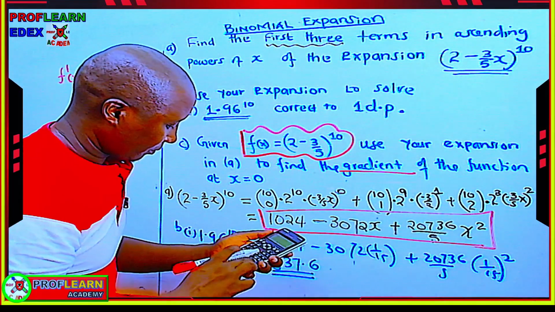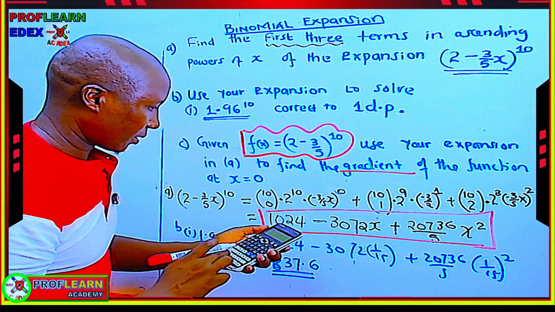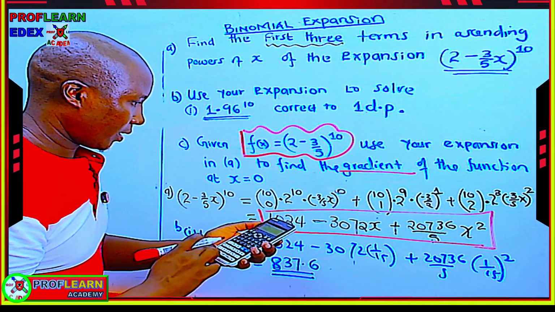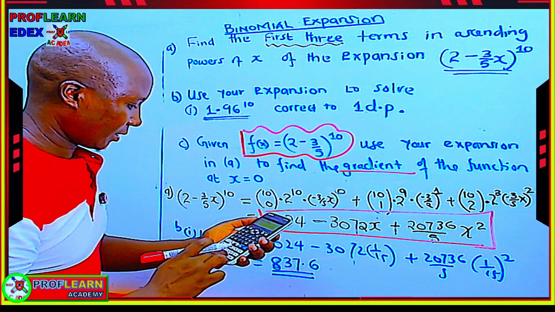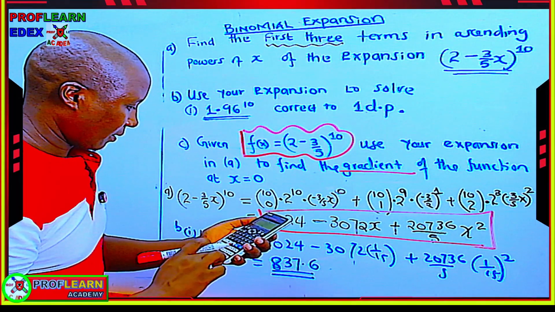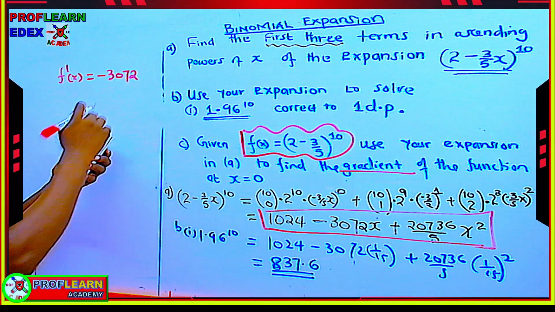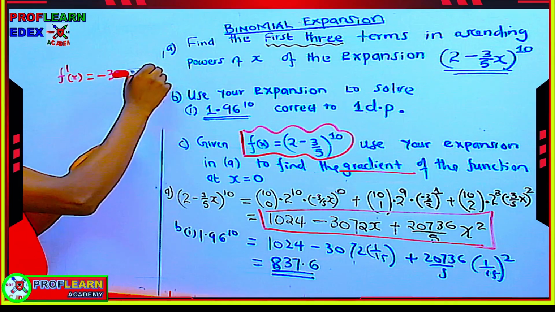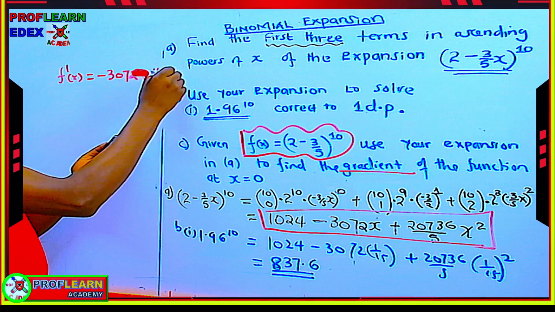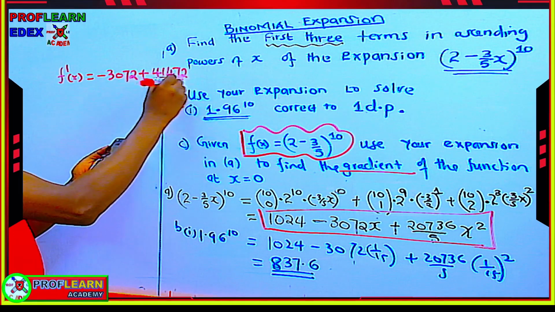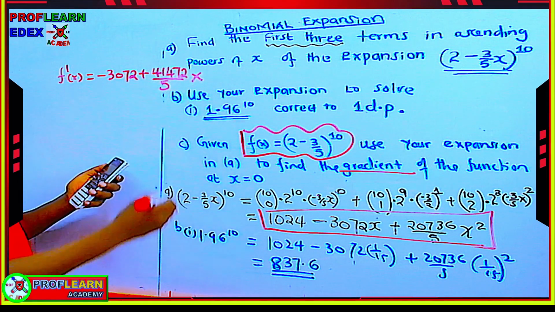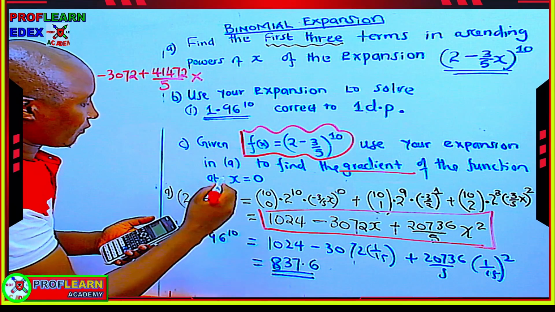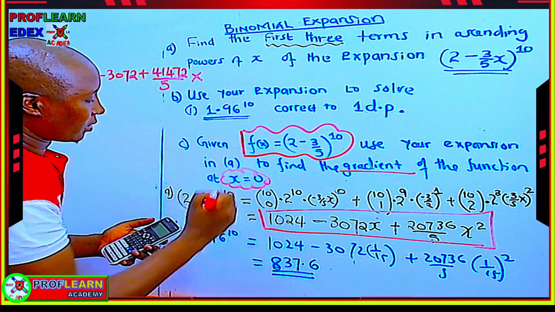Differentiating this, the power will go down, and that becomes 2 times 2736 over 5. So this will be plus 41472 over 5x. But we are supposed to find the gradient function at x is equal to 0.